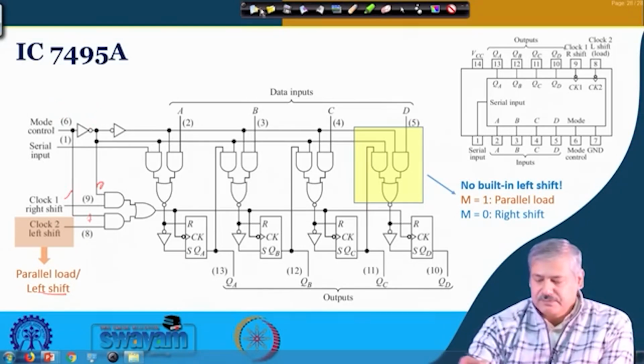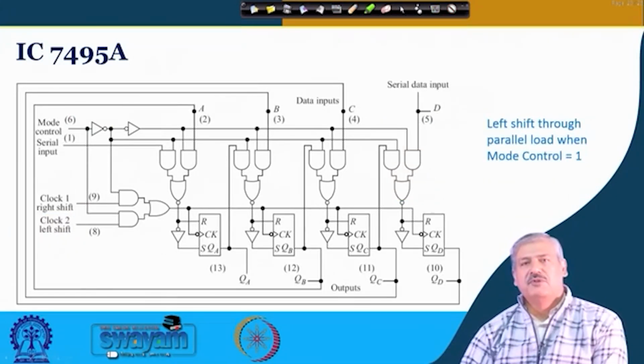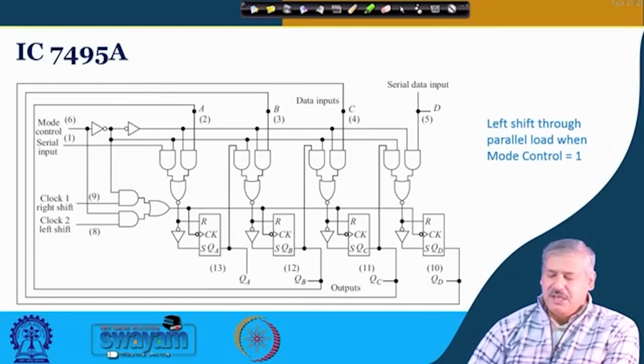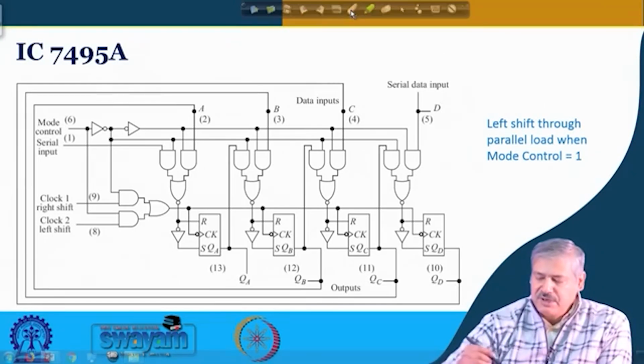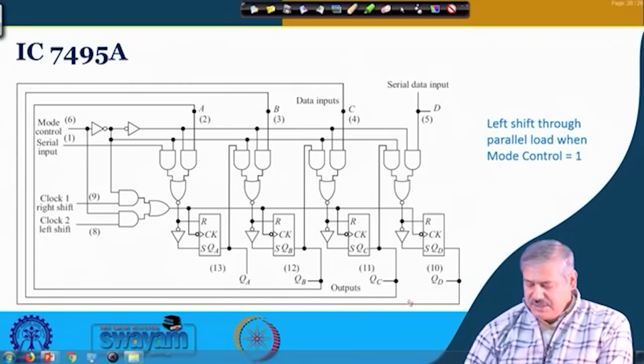Is it okay? Now, let us see this popular IC 7495, how it can be used for left shift also, okay. For this we need external wiring. So, you see how the external wiring is done. You see this thing, this is external wire.